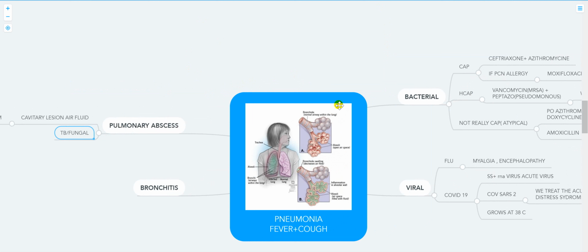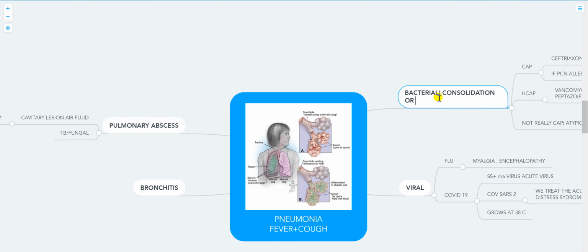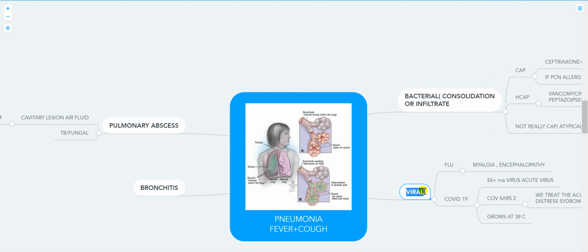The other thing I didn't mention: for bacterial, usually on x-ray you will find consolidation or infiltrate. And for viral, usually interstitial. That's why it's annoying, because it affects the interstitium.